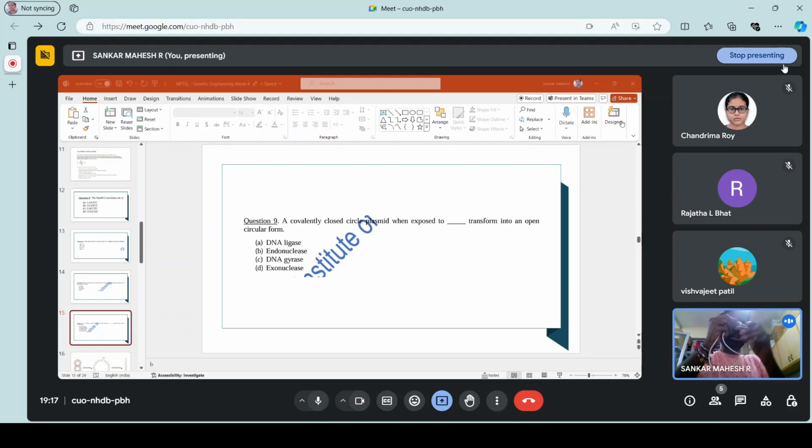In all cases, what you observe is that the DNA is covalently closed; it is not covalently broken. So what exactly is the difference between the open circular and the closed circular form?